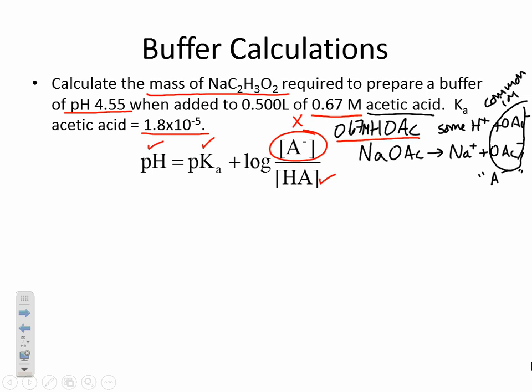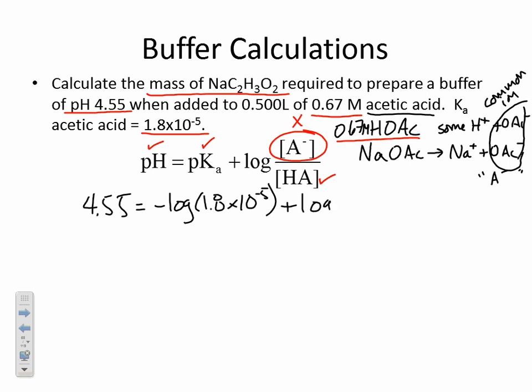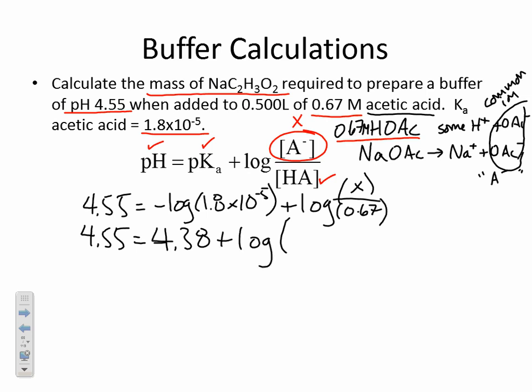The first thing you want to solve for is the concentration of the A minus. So I'm just going to plug in and start solving. 4.55 is equal to the negative log of 1.8 times 10 to the minus fifth plus the log of X over 0.67. Then 4.55 is equal to 4.38 plus the log of X over 0.67. Then we get 0.17 is equal to the log of X over 0.67.